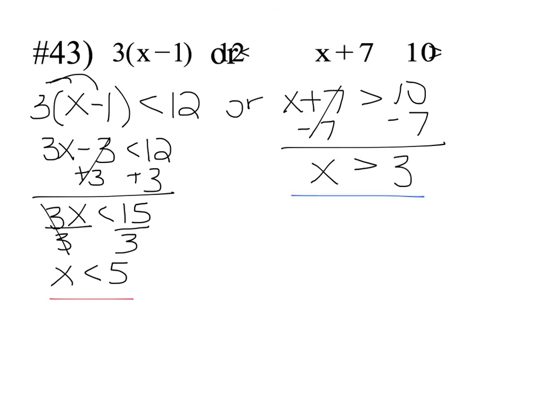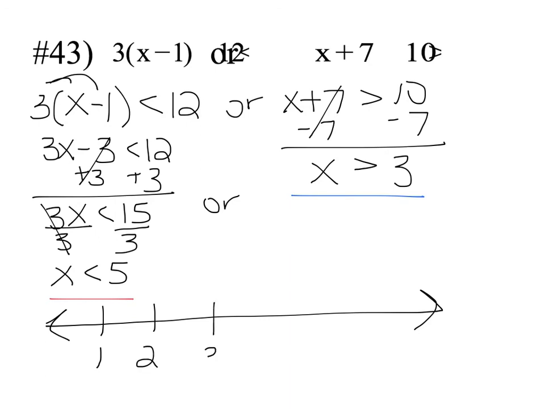That one's going to be our blue. Remember, we're still talking about or. So it's going to be anywhere the graph touches. So let's go ahead and graph this baby. So we've got 1, 2, 3, 4, 5, 6.